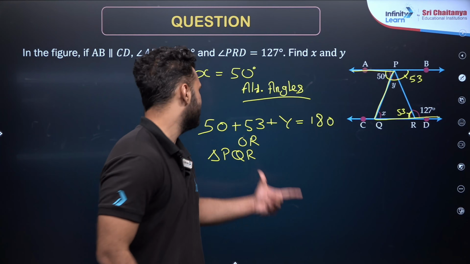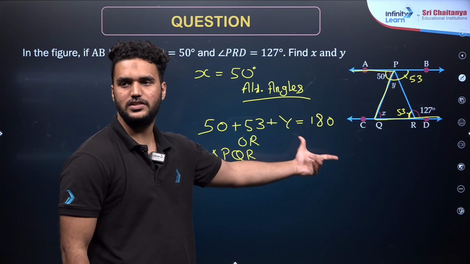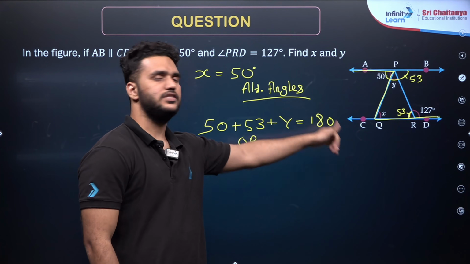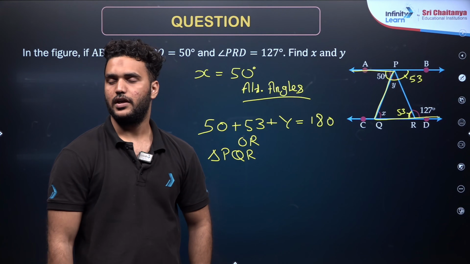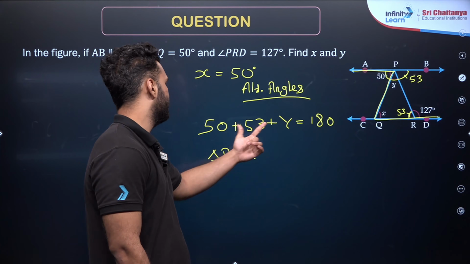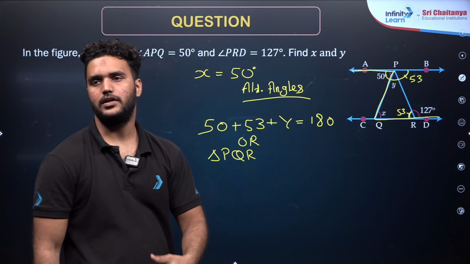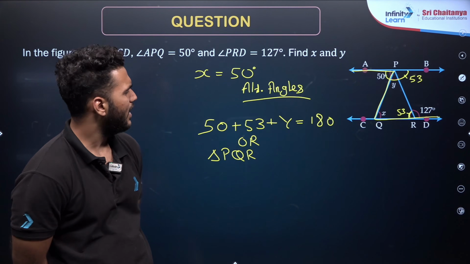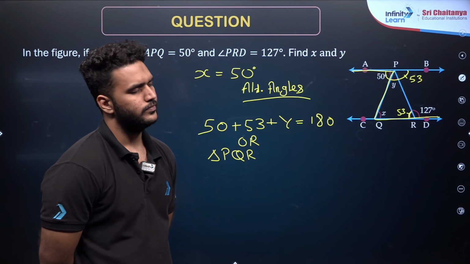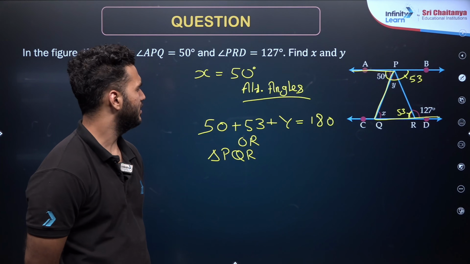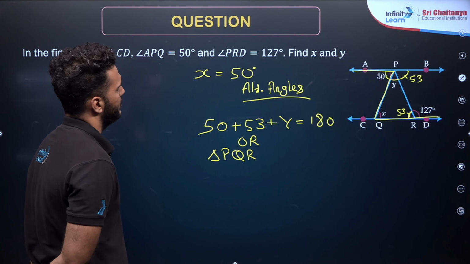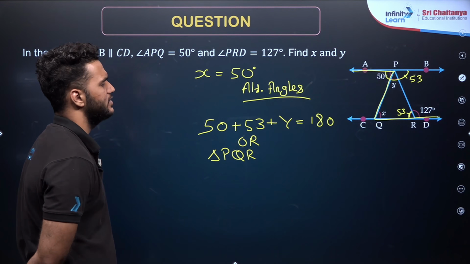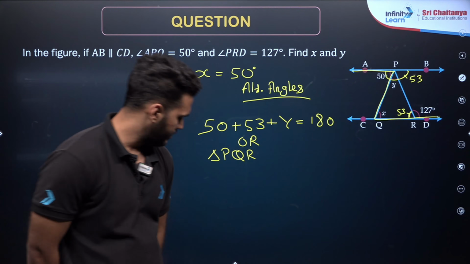You will see again this equation, 50 plus 53 plus y is equal to 180, and from here you can find the value of y. 50 plus 53, 103, yeah, 77. Y value will be 77.